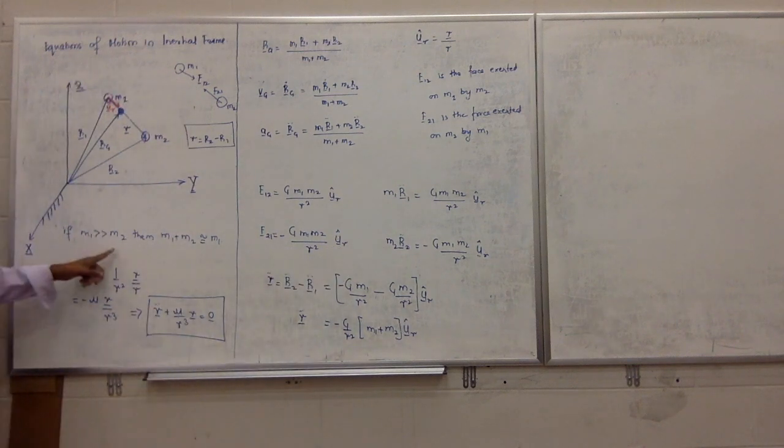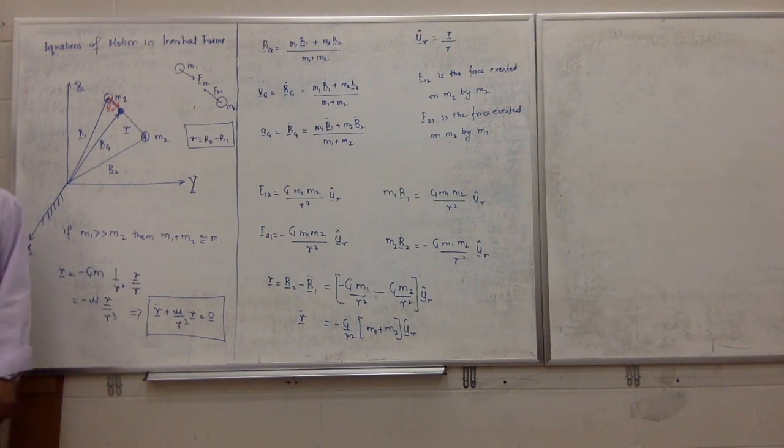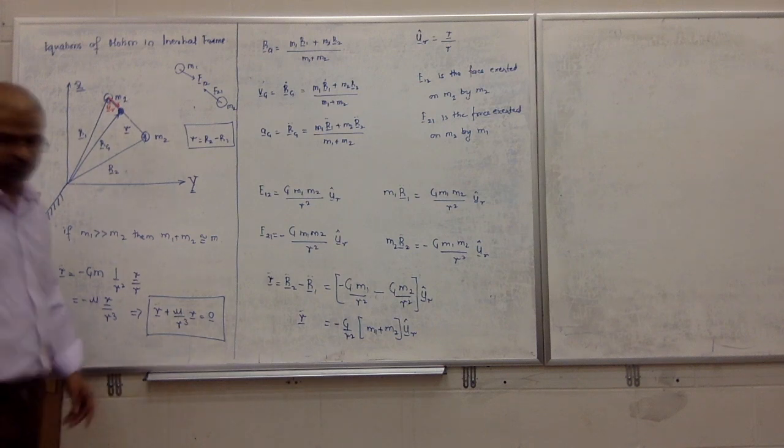If M1 is really big, which is the case in what we are studying, then we can simply write M1 plus M2 as M, or M1, let's say.